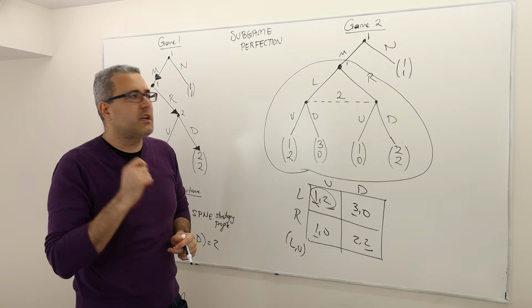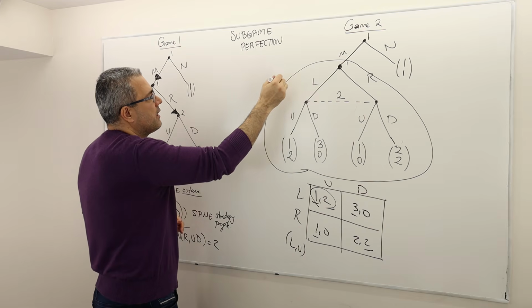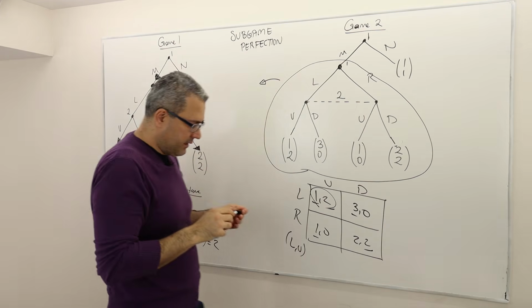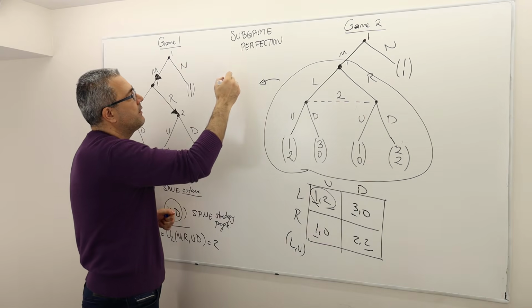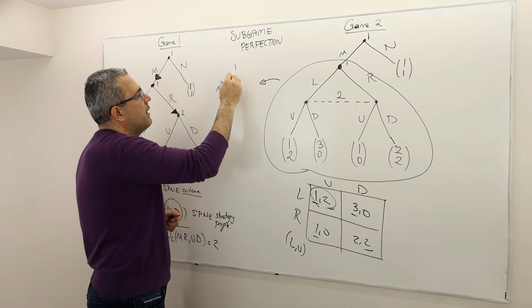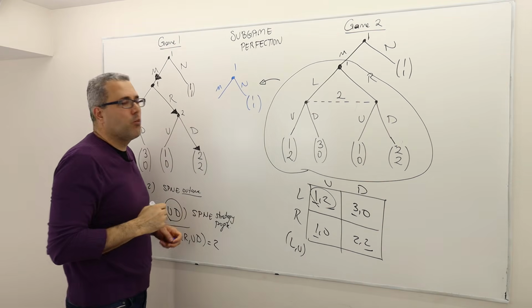So why don't I, instead of solving this, solve the following game? I know my space is limited, but let me use a different color. Hopefully it's going to make things easier. So player 1 chooses M or N. If she chooses N, the payoff is going to be 1, 1.